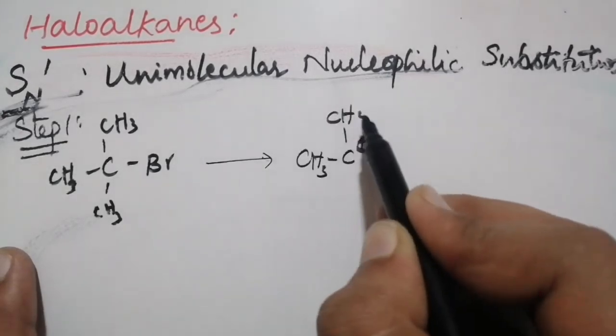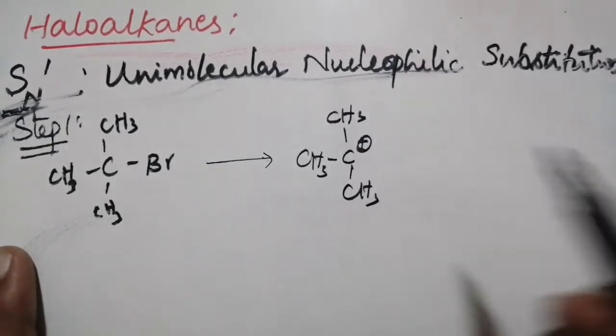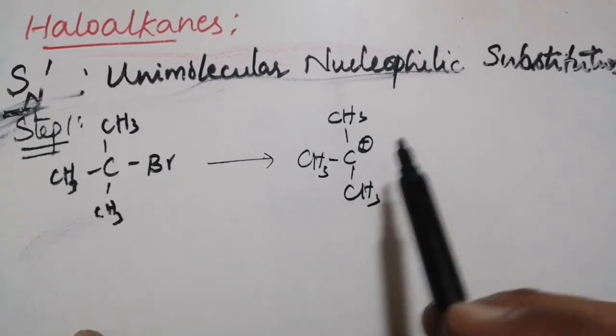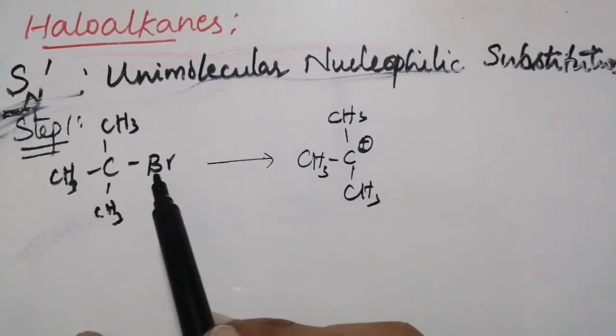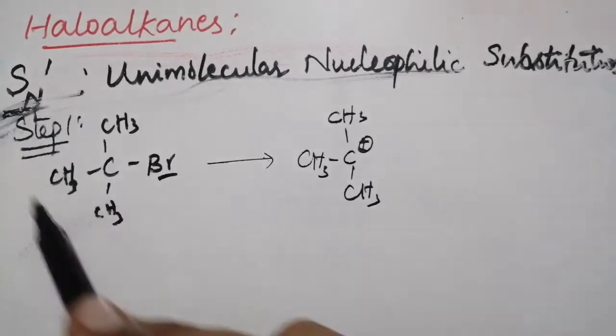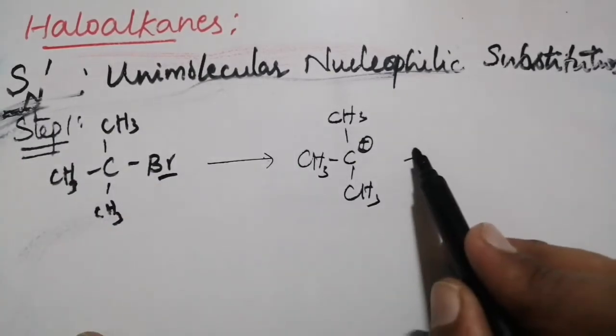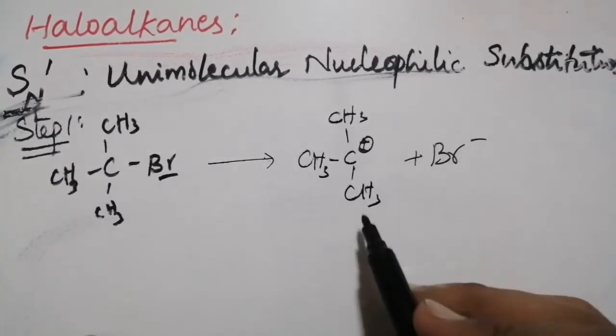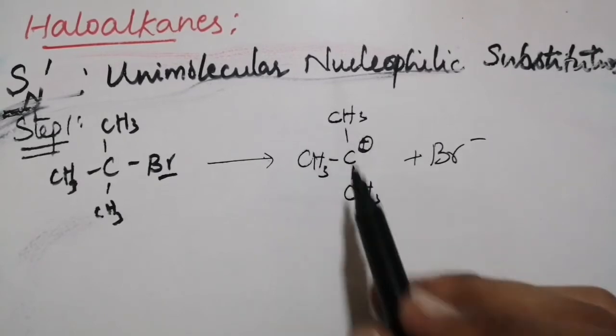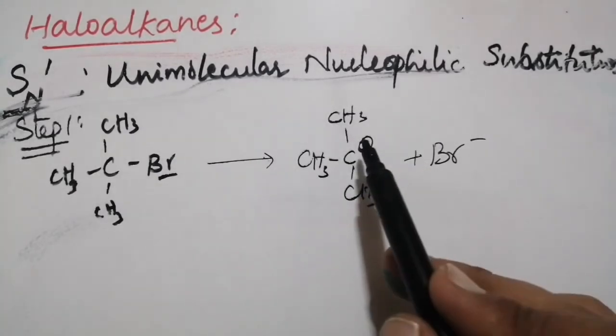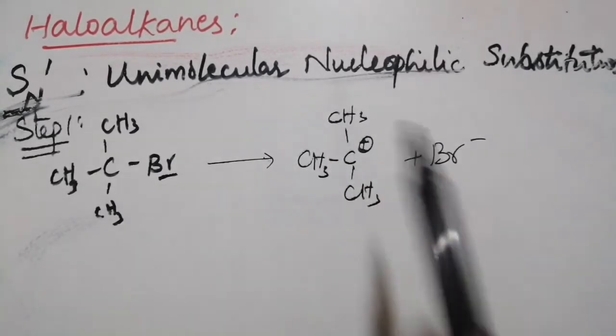Planar carbocation means my bromine is removed from the tertiary butyl bromide to form a planar carbocation. Carbocation means it is having plus charge on it.